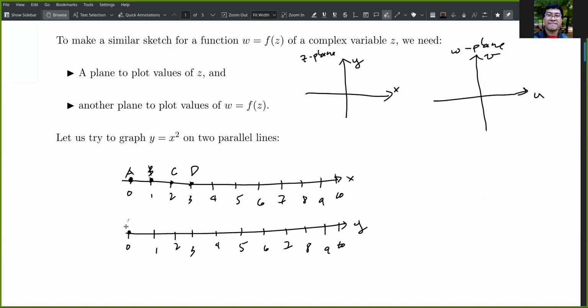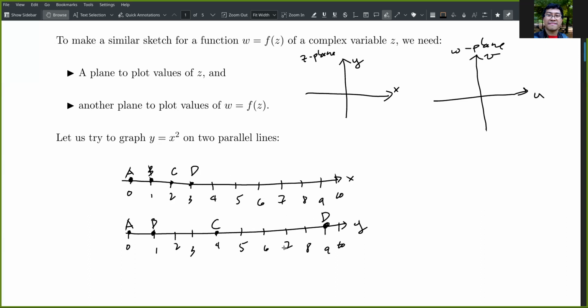So this is the corresponding A on the y-axis. For B, we have 1, 1 squared is 1, so this is where we see our B. For C, x equals 2, 2 squared is 4, so C can be found here on the y-axis. And on D, x equals 3, 3 squared, that's 9 over here, and so on.